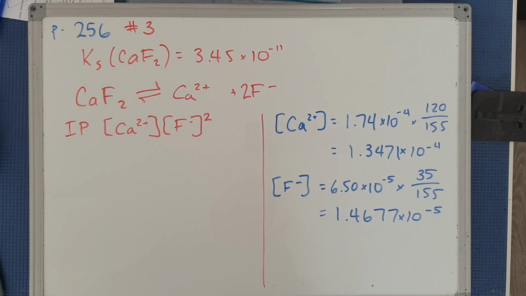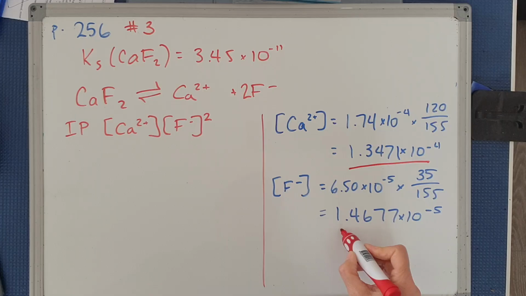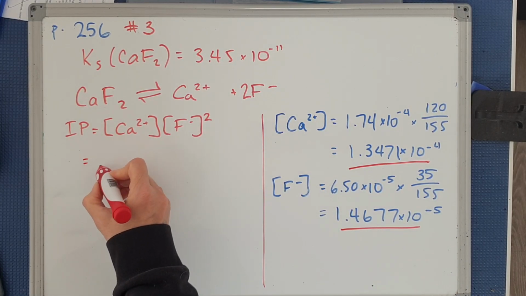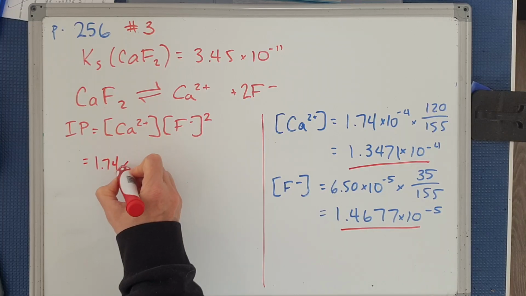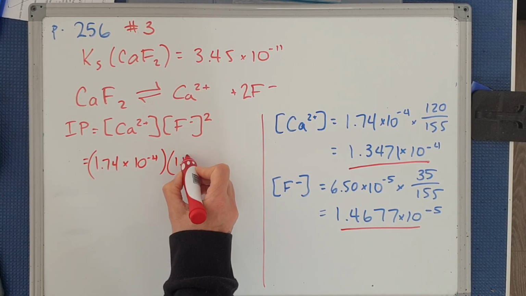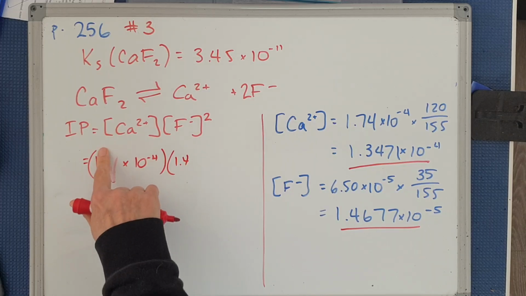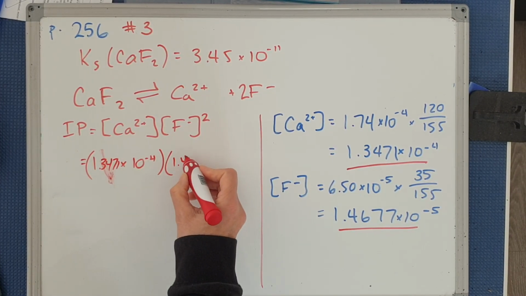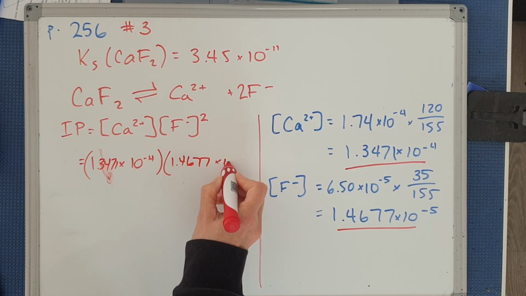So I've got my concentration of my calcium and my concentration of my fluoride. So we're just going to put them in. Oops, sorry, that's not the new one. 1.347 and 1.4677.